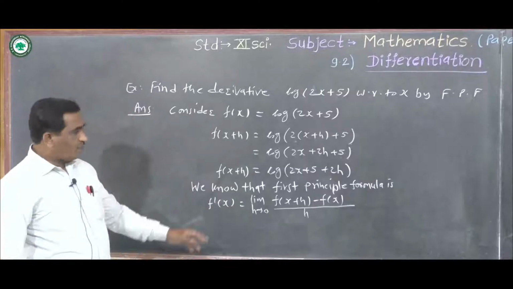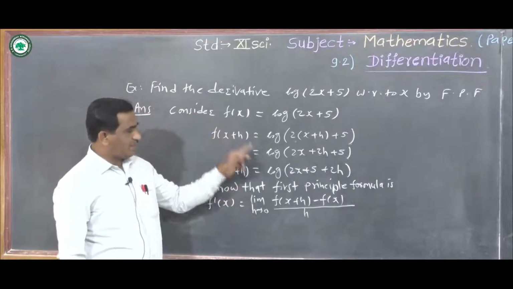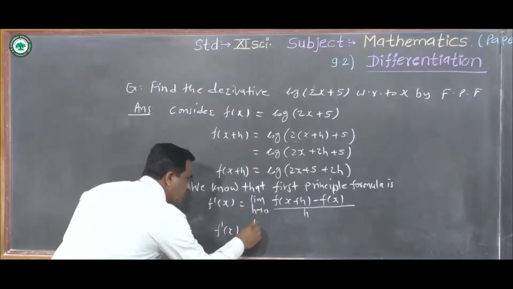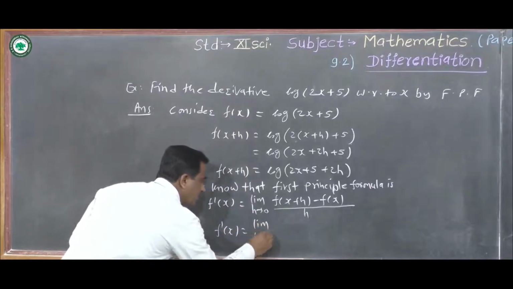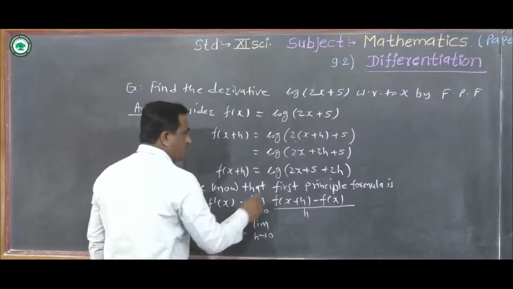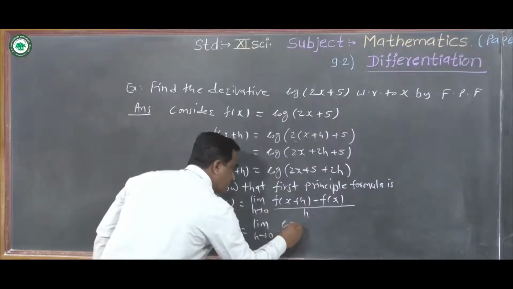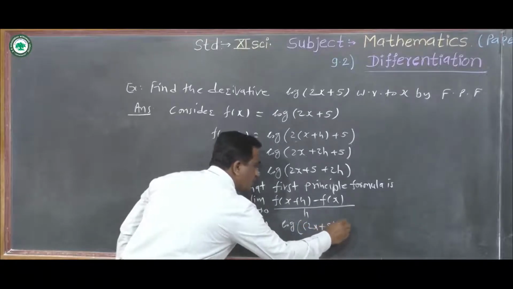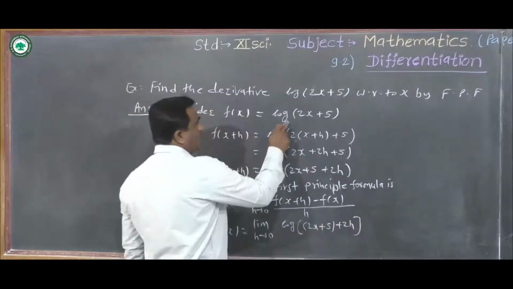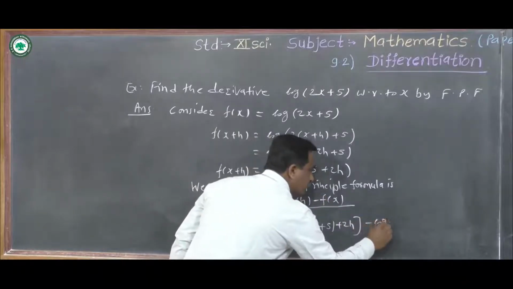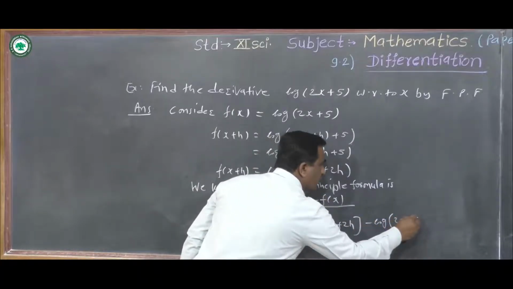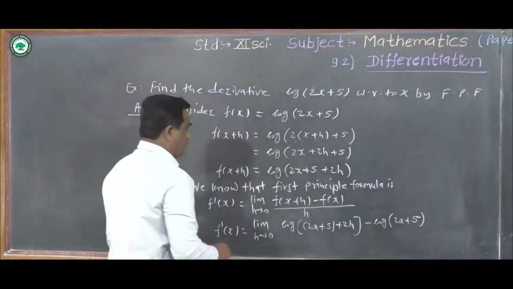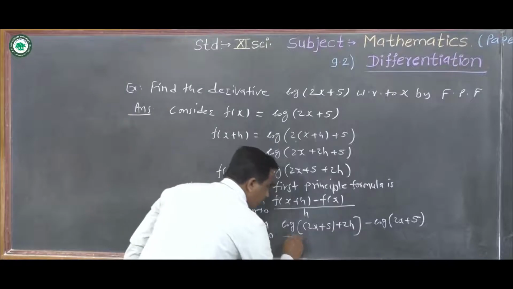Now put the values of f of x plus h and f of x here, then we can write f dash of x is equal to limit h tends to 0 of, f of x plus h means log of 2x plus 5 plus 2h, minus log of 2x plus 5, upon h as it is.